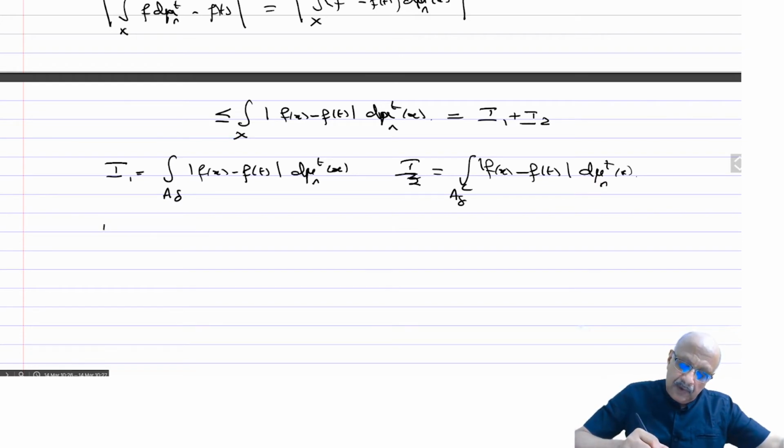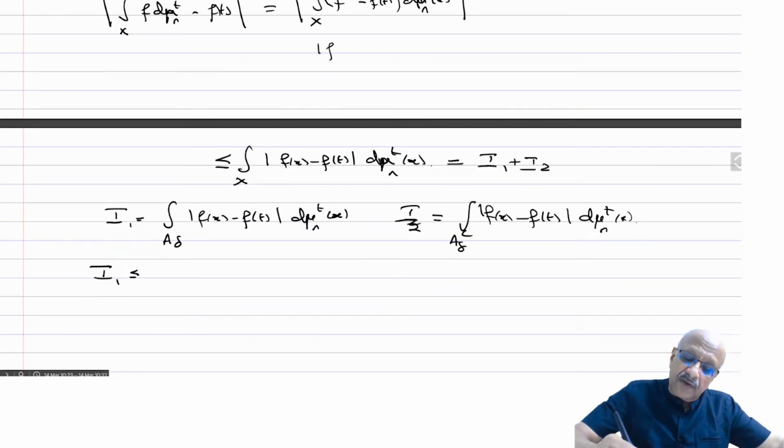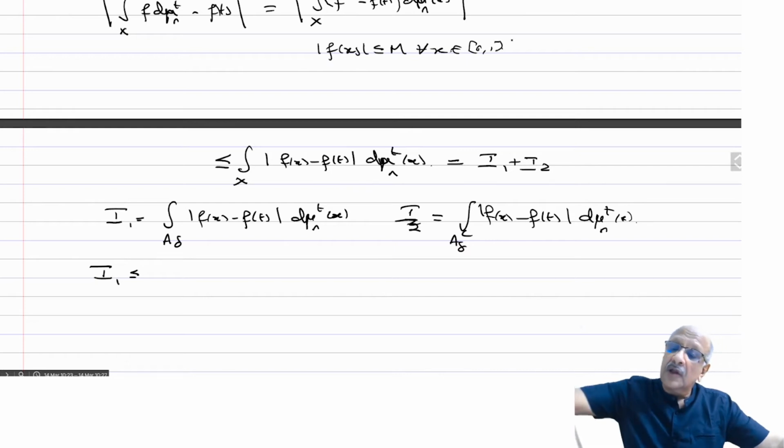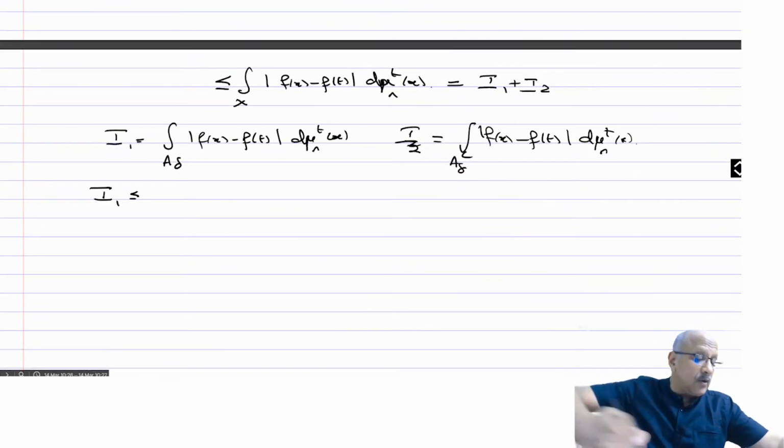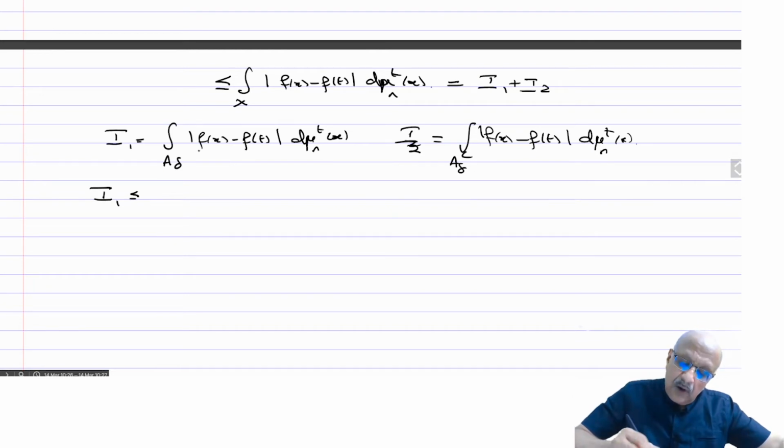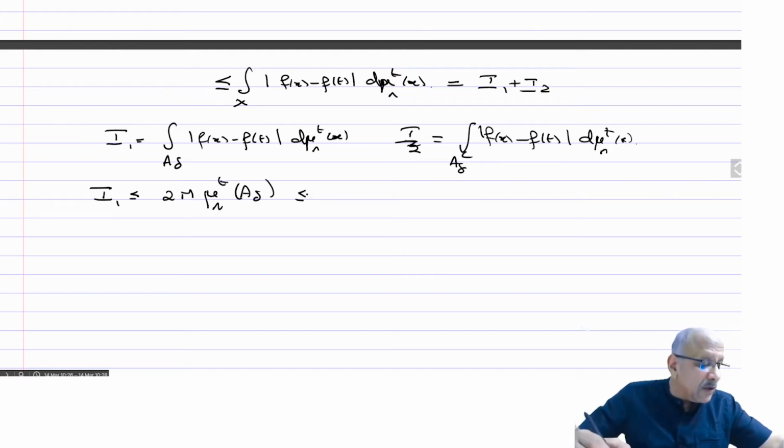Now for I1, let us assume that mod f of x is less than or equal to M for all x in 0, 1, because it is a continuous function and therefore it is bounded. So this is less than or equal to 2M times the integral over A delta of d mu n t, which is just mu n t of A delta, which we have already computed.